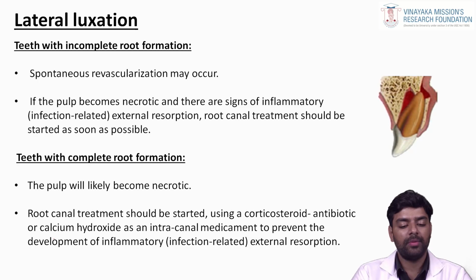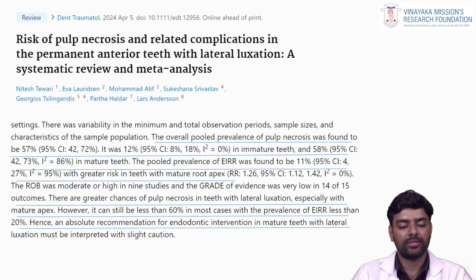If the pulp becomes necrotic and there is a sign of inflammatory external root resorption, the root canal should be started as soon as possible. In teeth with complete root formation, the pulp will become necrotic. Root canal treatment should be started using a corticosteroid antibiotic paste or calcium hydroxide as an intracanal medicament to prevent the development of inflammatory external resorption.